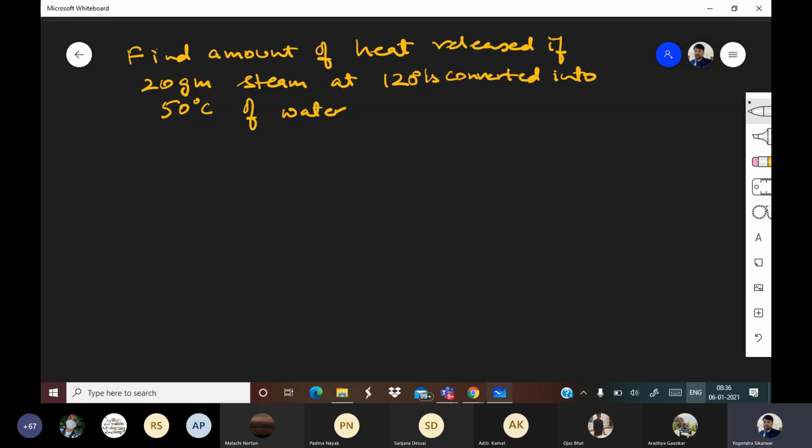Yash is saying 12 kilocalorie. Lisa is saying 1.2 kilocalorie. Sakshi is saying minus 12 kilocalorie.